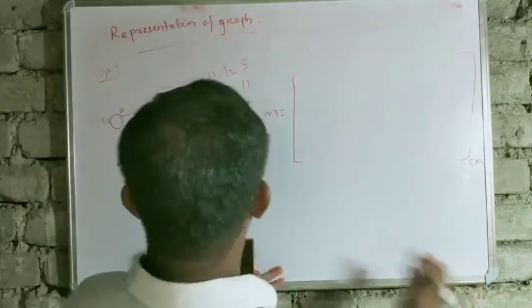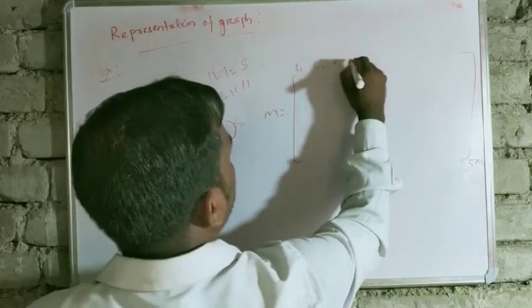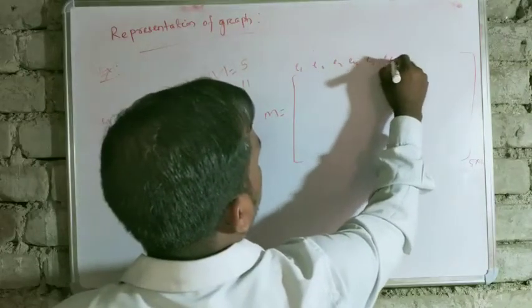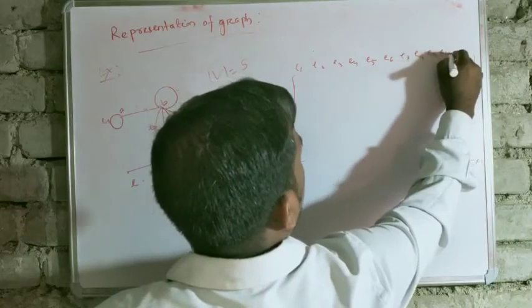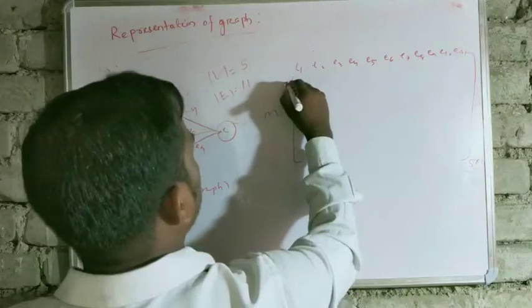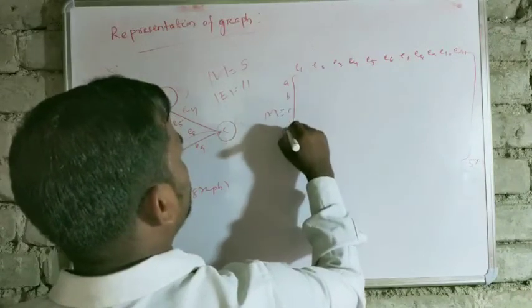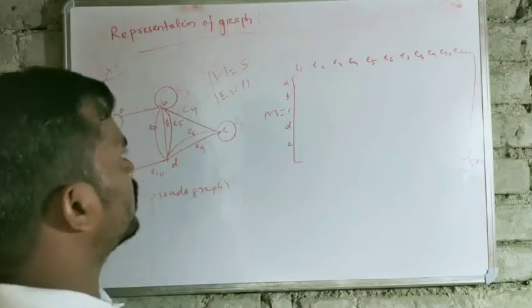So this is E1, E2, E3, E4, E5, E6, E7, E8, E9, E10, E11, and here is A, B, C, D, E. Now we will write the matrix.